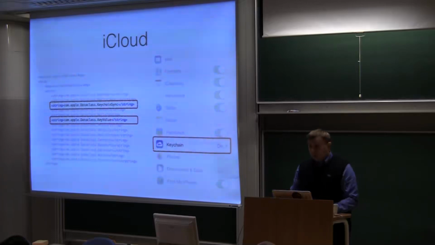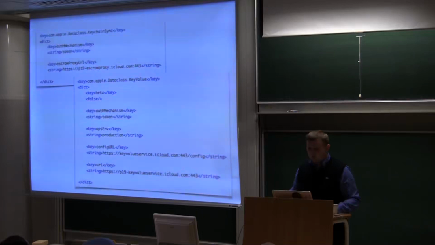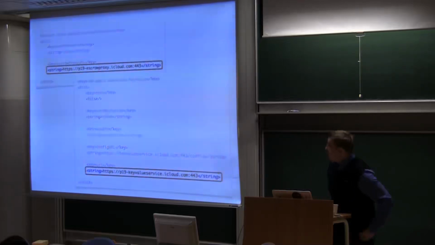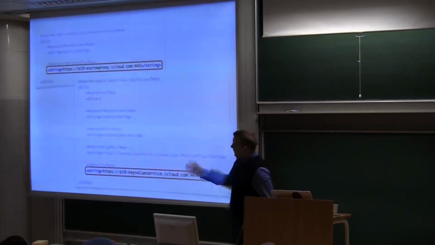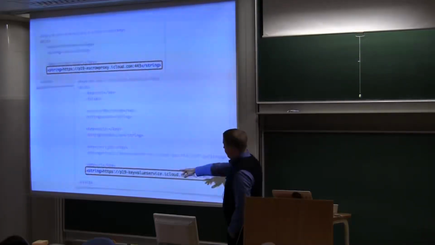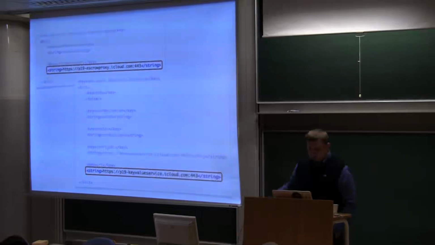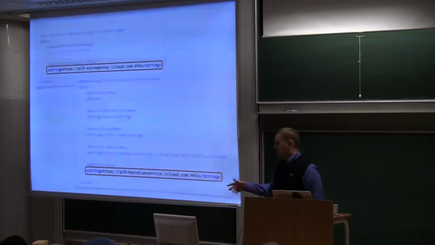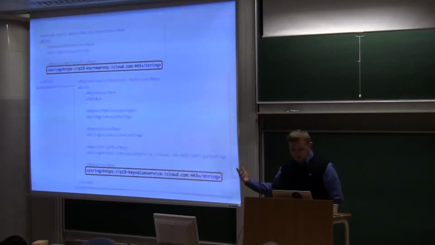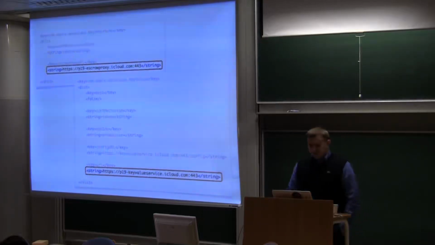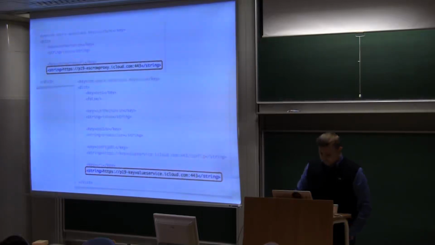So the first question, when you want to analyze something, is where do you look? You don't have to look too hard, because the very same configuration file contains the endpoints, the server names for the services we're interested in. Specifically, you can see the URLs of those services. They are standard, and they start with a number, like p19, which is not really random, it's sequential. As more people register for Apple IDs, I think Apple adds servers or names, so this is kind of poor man's load balancing.